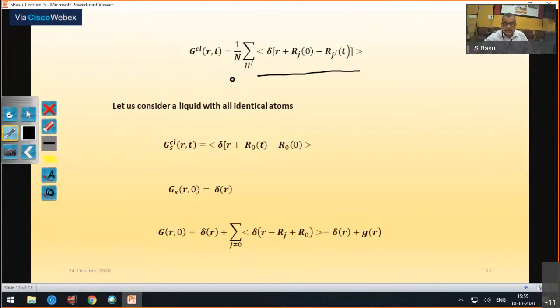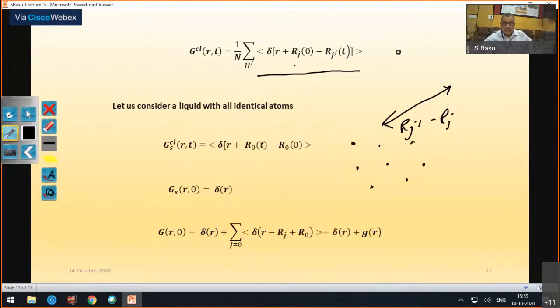What is the delta function? This delta function clicks when R is equal to Rj0 minus Rj prime t. So you have your system, a system of scatterers. I'm asking the question, whenever this R is equal to Rj prime minus Rj, then this delta function is 1.